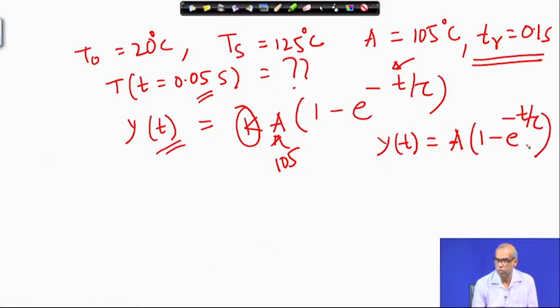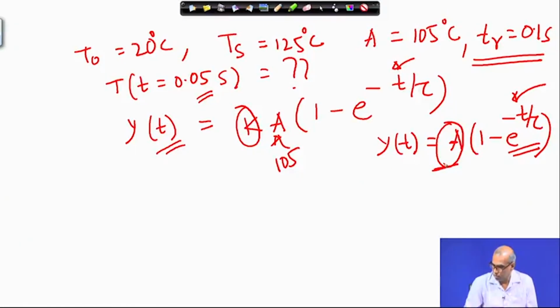What is the final response? The final response is A, because final response will be attained at t equal to infinity, if the system will attain steady state. This part becomes 0. So, y(t) equal to A.